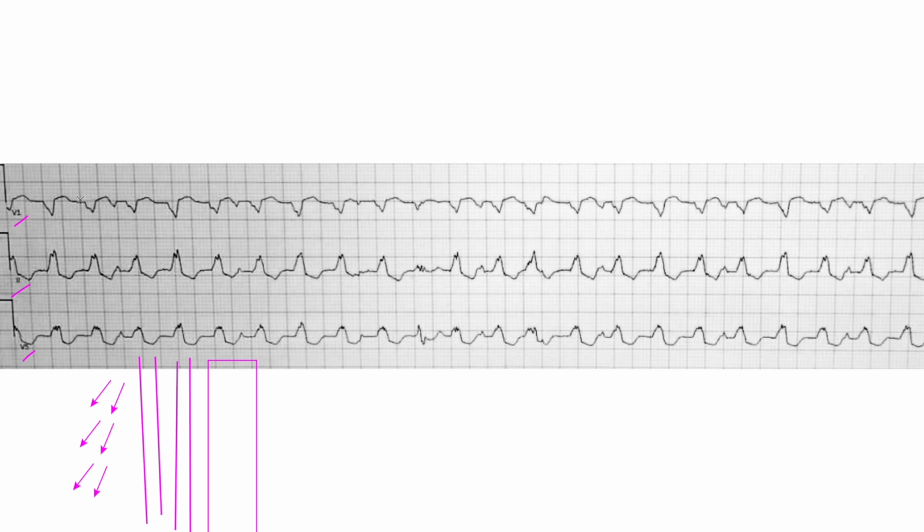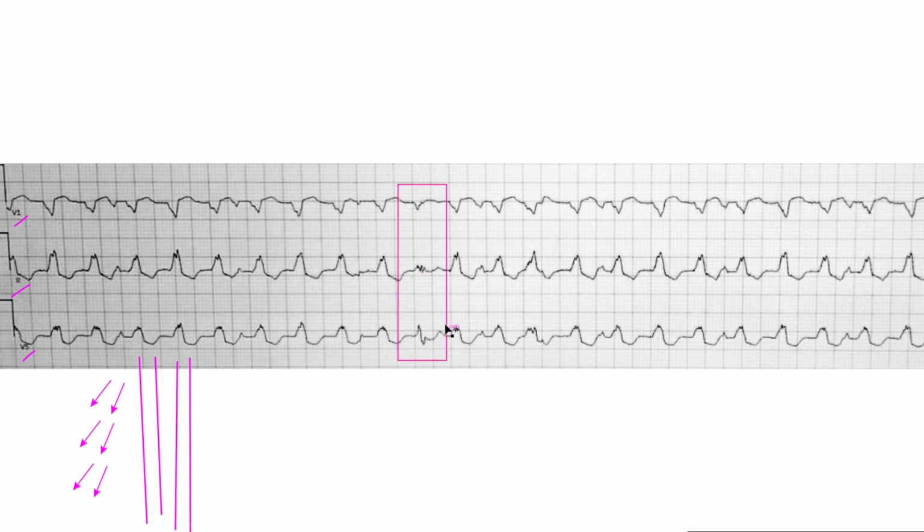V1 pertains to the right side of the heart, V5 pertains to the left side of the heart, roughly speaking, okay? Looking at this, the first thing that jumps out at me is our squiggly line, this squiggly little beat. When we compare it to other leads, we get some sort of a QRS complex.